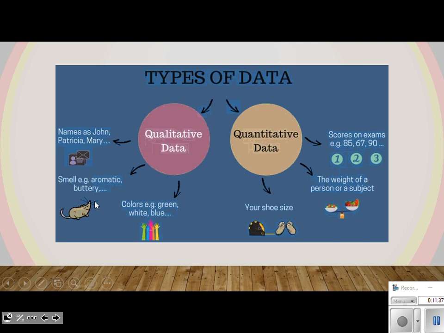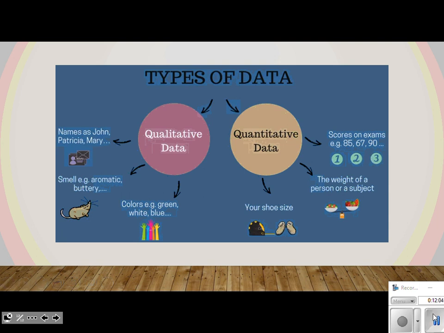I just smelled one today at lunch. I said, man, that smells like somebody's making popcorn. Quantitative: shoe size, 10 and a half. Weight of a person or subject. Or scores.